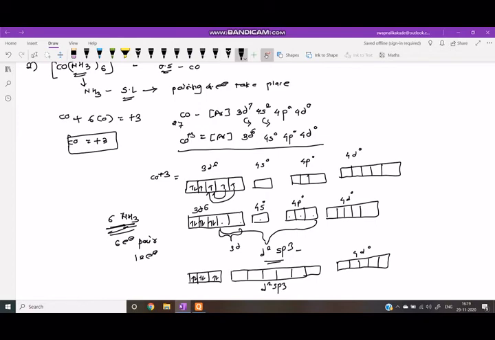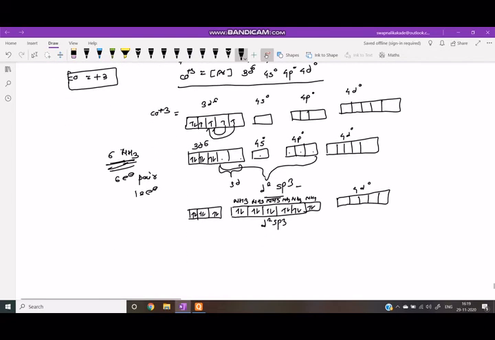Here 1 NH3 donates 1 electron pair. The total NH3 is 6, and each donates 1 electron pair. Here the hybridization is d2sp3. Therefore the shape of the complex is octahedral.